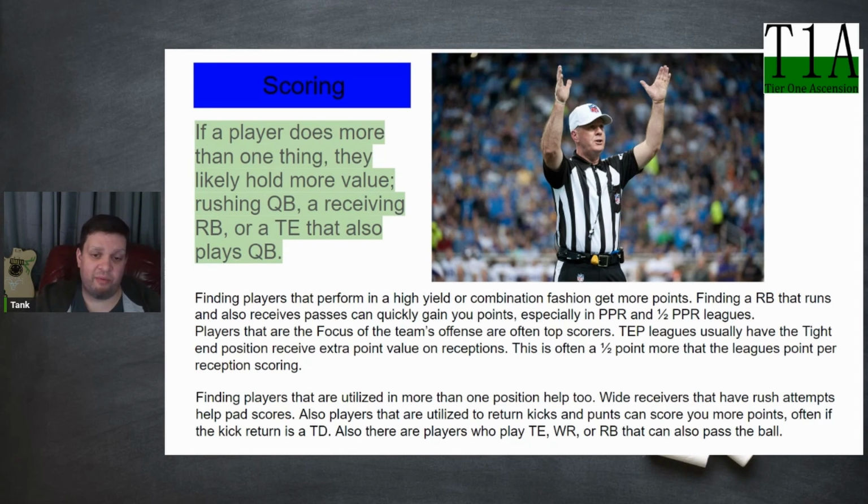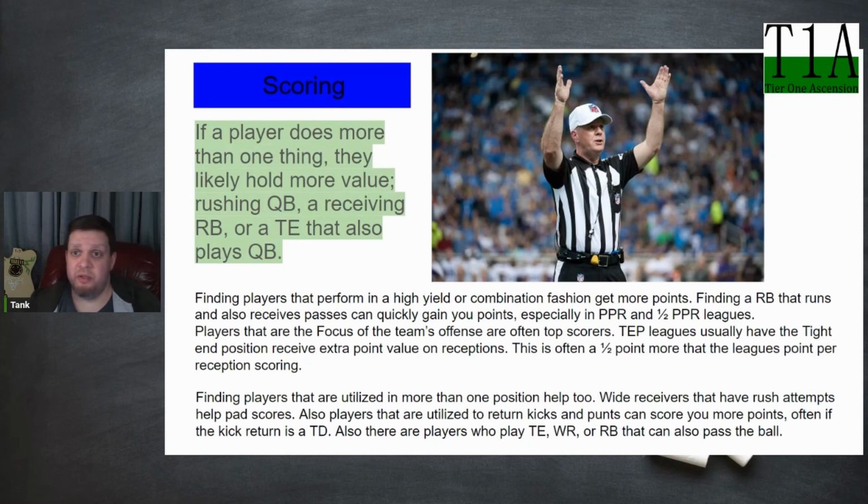Also combinations. So kind of what I was talking about before, where a player has more than one featured trait. There's a lot of great running backs that were great running backs. They weren't great receivers. But you look at some of the trends now where your 3-down, your workhorse backs, common people that we look at as the top in the last couple of years here is like Alvin Kamara, Christian McCaffrey, where they're doing 15 rushes a game, but they're also looking at targets in the yield of like 8 to 10 plus.